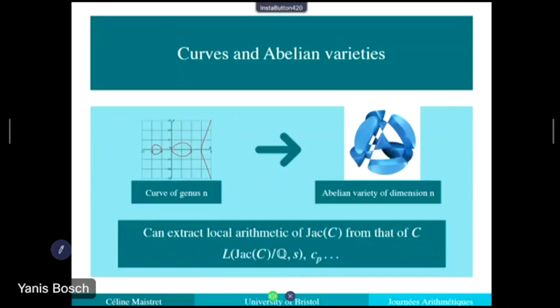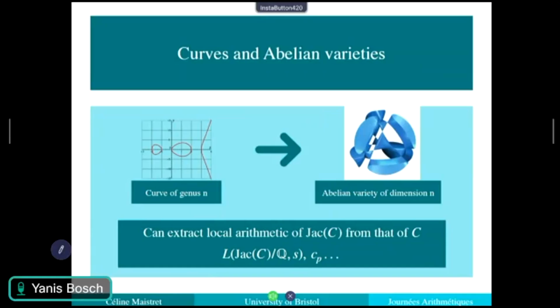Instead, thanks to a large body of work, we can claim that the local arithmetic of the Jacobian, this dimension n abelian variety, can be extracted from the local arithmetic of the underlying curve. So for example, if I want to compute the L function of the Jacobian of a genus 12 curve, it's enough for me to understand the local arithmetic of that curve of genus 12.